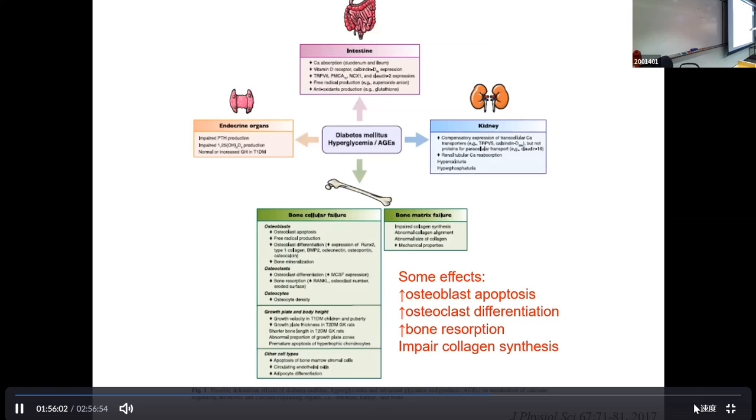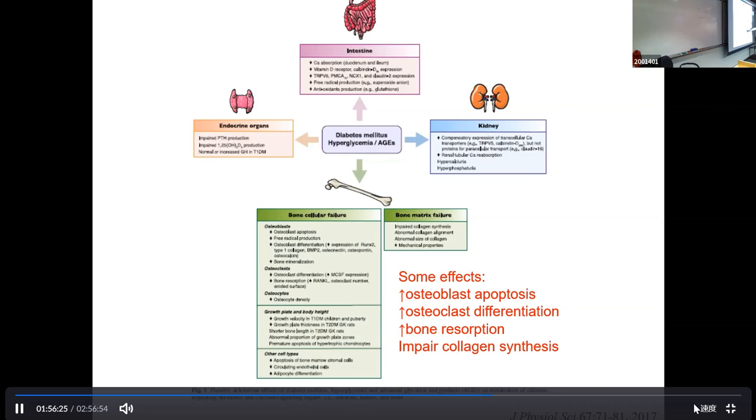So somehow the diabetic situation may cause the bone forming cells' apoptosis to increase, or speed up the bone breakdown cell activity. So you have an increase in bone resorption, or impaired collagenase synthesis, etc.